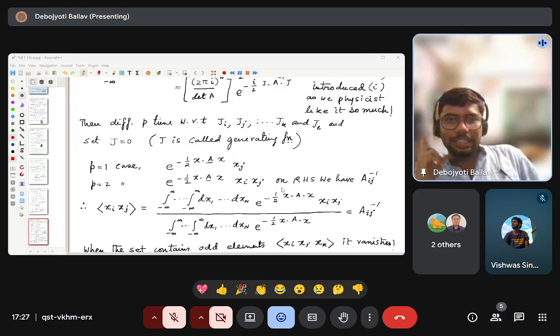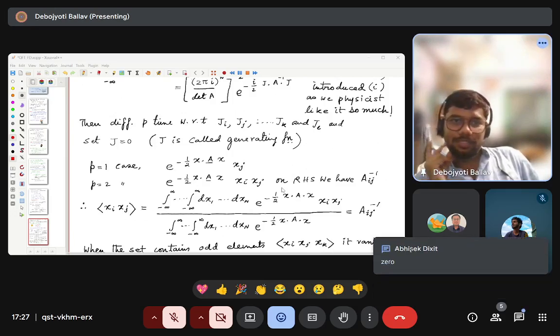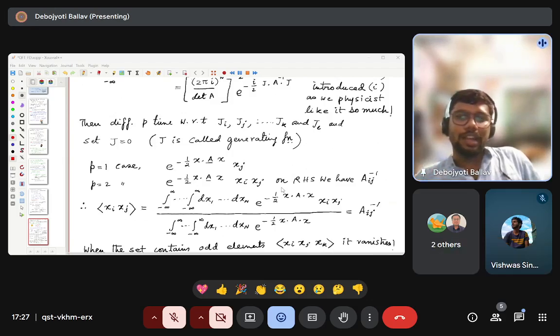So always you need some even number of terms, like q square. The odd elements, if you take xi, xj, xk, all odd averages will vanish.